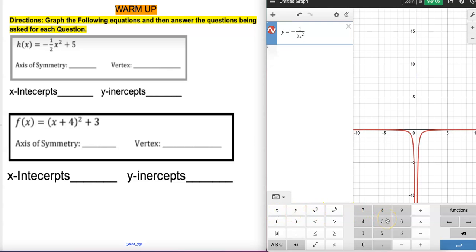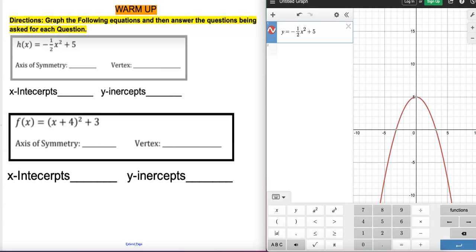Oh, I think that's wrong. Let me backspace that. Okay, so negative 1/2 x squared plus 5.